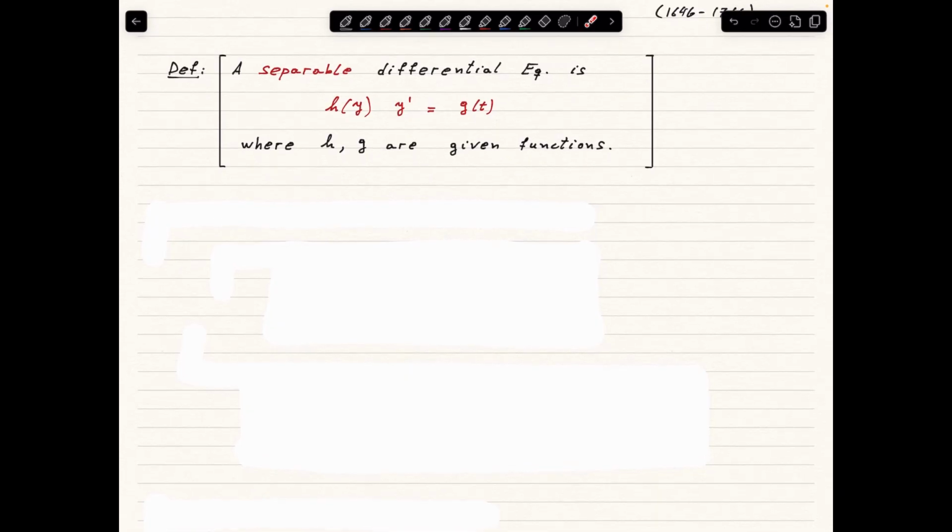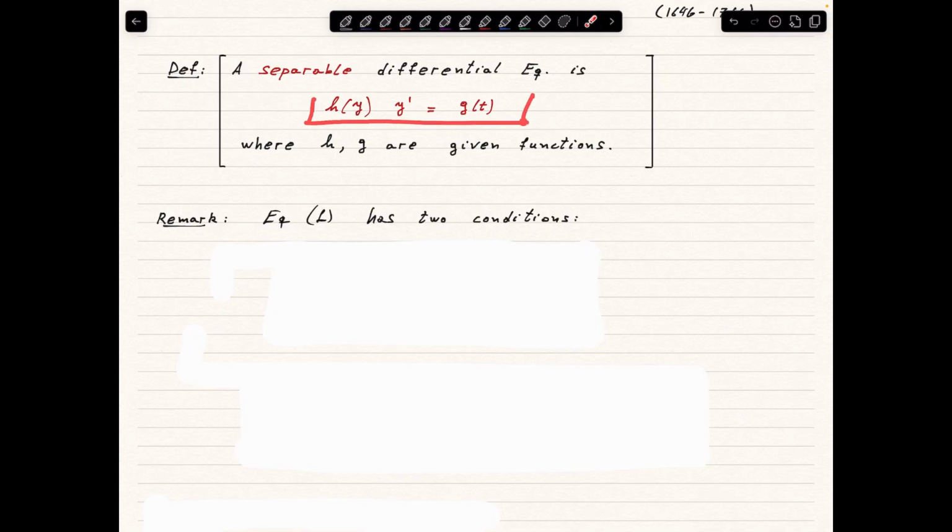So let's see what this definition is telling us. We are introducing two important conditions when we say the equation has to be written in this form.